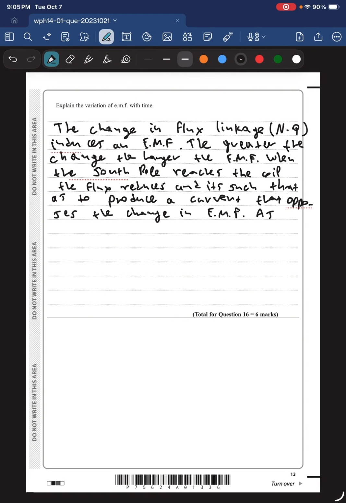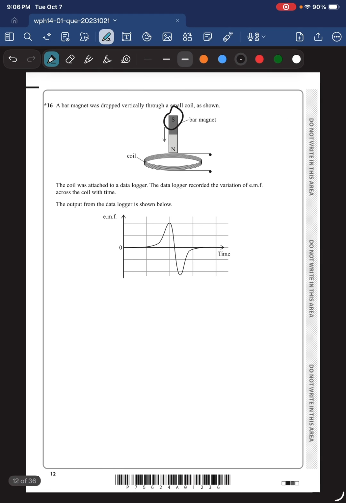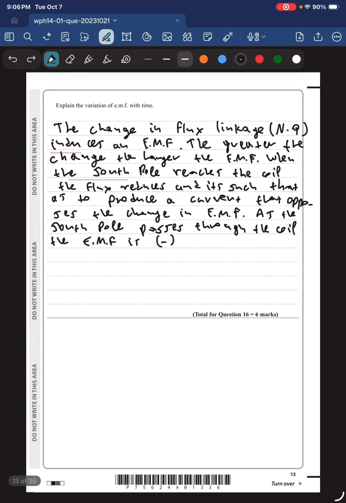As the south pole passes through the coil, the EMF is negative, this part over here. The EMF is negative as the speed of the magnet decreases.